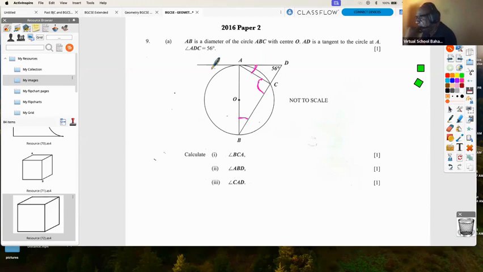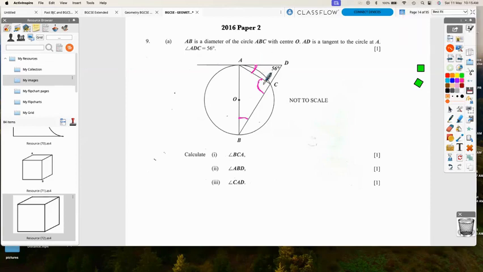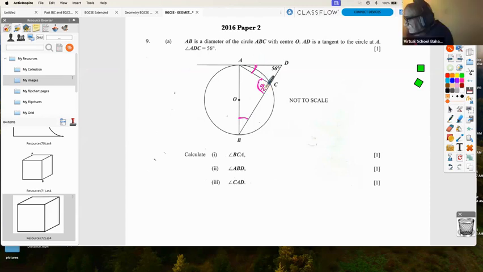So those are the three angles. What is the first one? 90 degrees. This one here is 90 degrees. Good. All right.